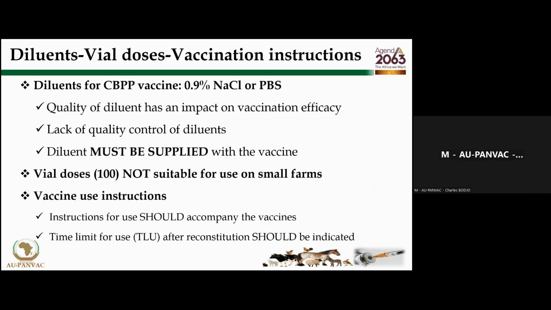There are also issues related to the diluent and to the instructions. We always know that the diluent has a huge impact on the variability of the CBPP vaccine strain, and the quality of the diluent can also impact the efficacy of the vaccination.